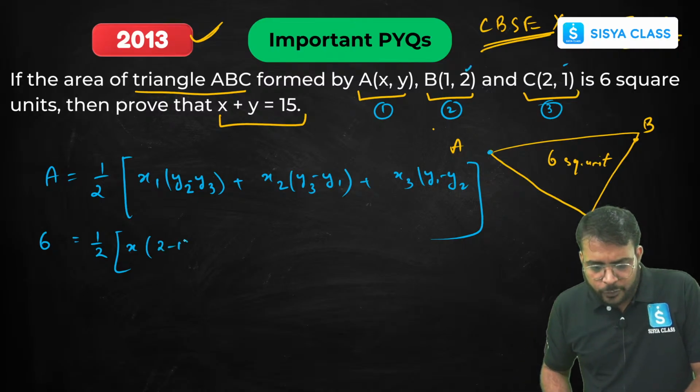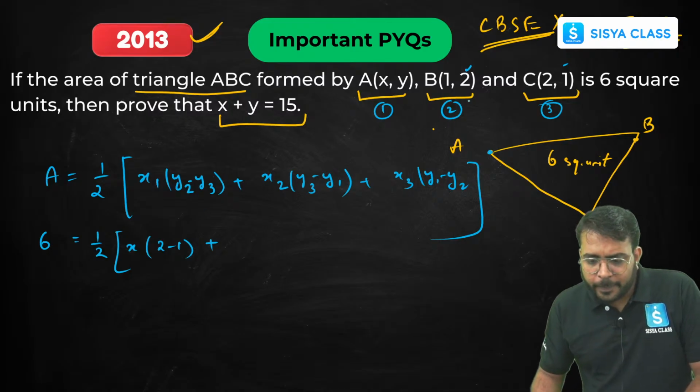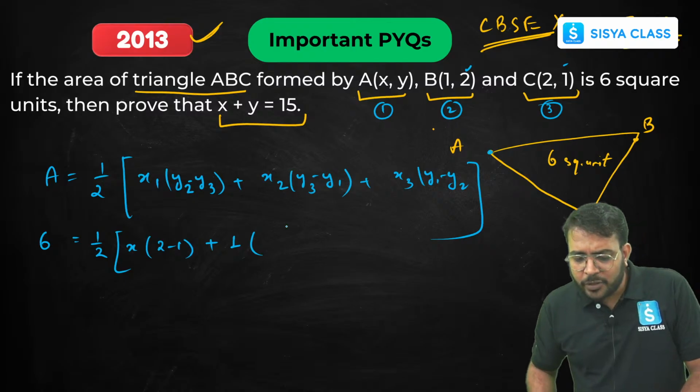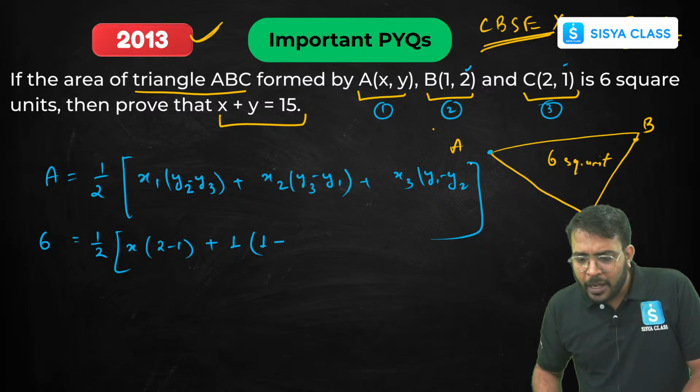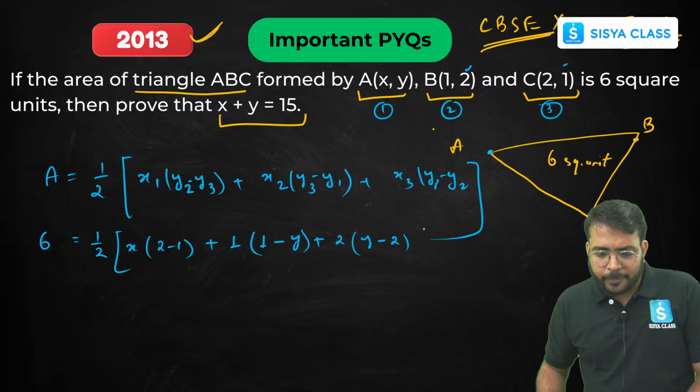Plus x2, which is 1, into y3 minus y1, so 1 minus y. Plus x3, which is 2, into y1 minus y2, so y minus 2. Got it?